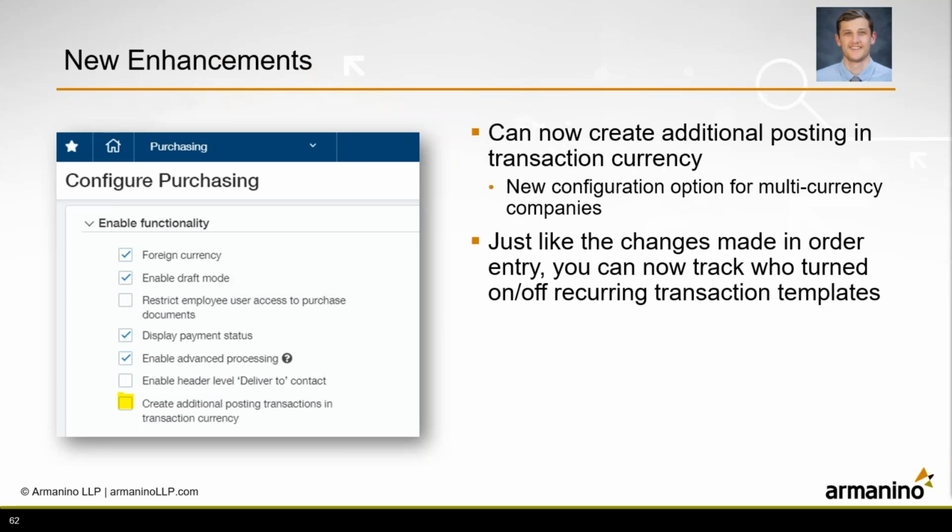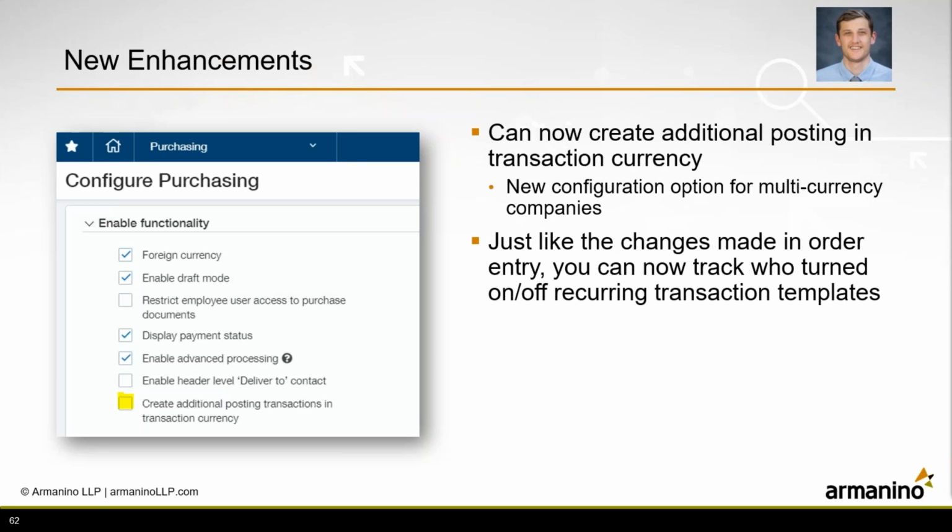Posting in the transaction currency ensures that any journal entries that are created are consistently recorded for all posting transactions, in compliance with the rules for multi-currency transaction posting as a whole. So the transaction currency should be converted to the base currency using the exchange rate in effect at the time the transactions are posted. So, a cool new change here to the additional postings.